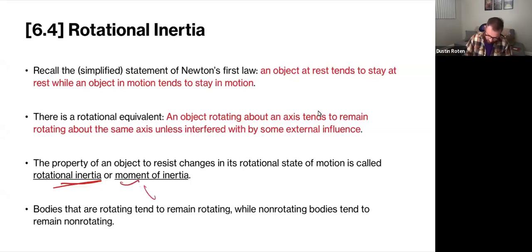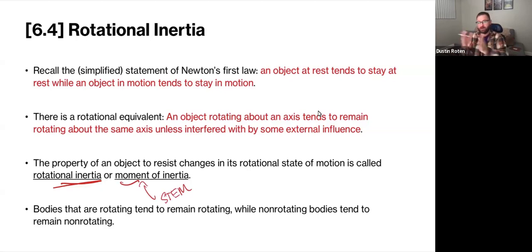So this is more of the physics and engineering STEM definition. So I'll probably wind up using them both interchangeably. But the long story made short is essentially bodies that are rotating tend to remain rotating. Non-rotating bodies tend to remain non-rotating.